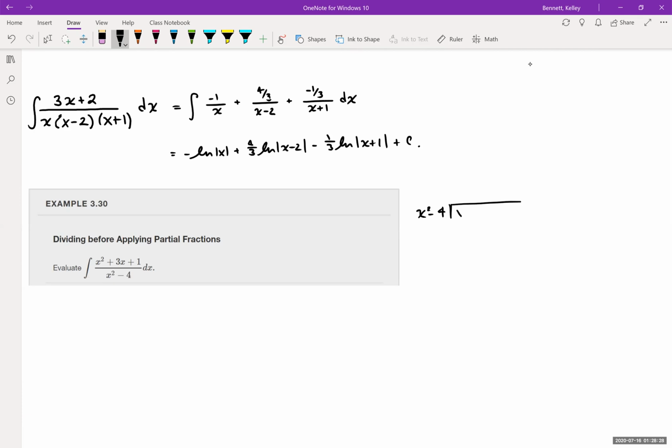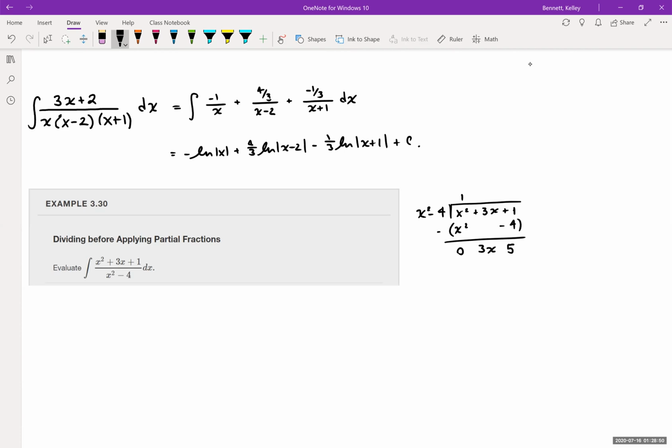And you want to shove that into x squared plus 3x plus 1. So I know I'm just going to get a 1 here, x squared minus 4, subtraction, magic, success, amazing. I hope I did that right.